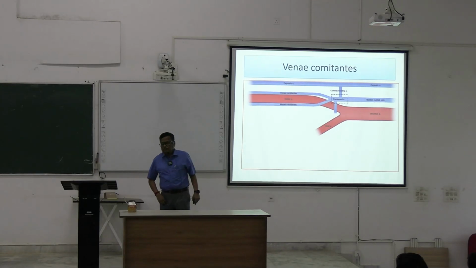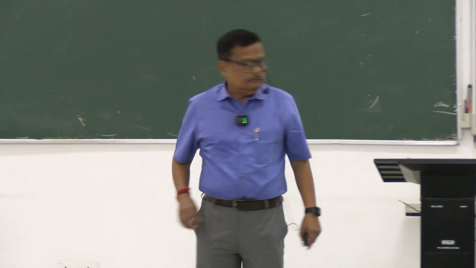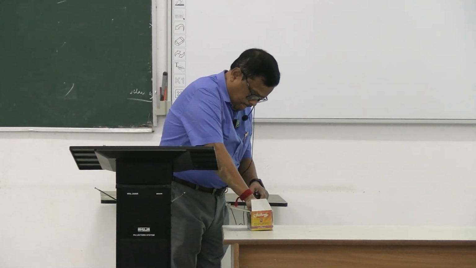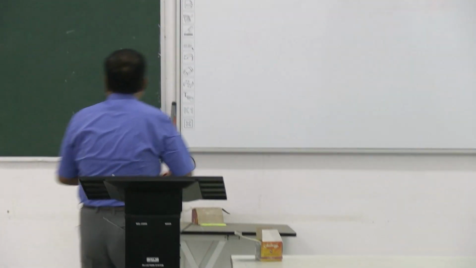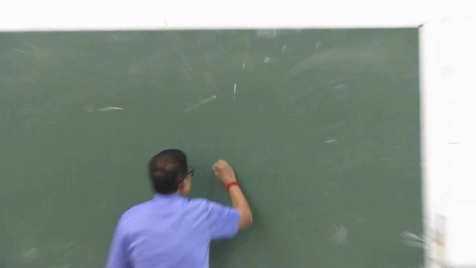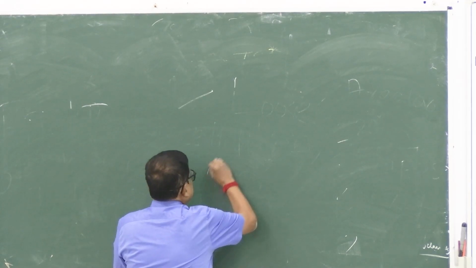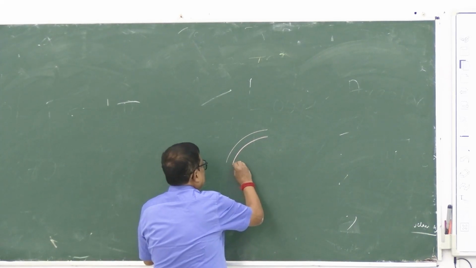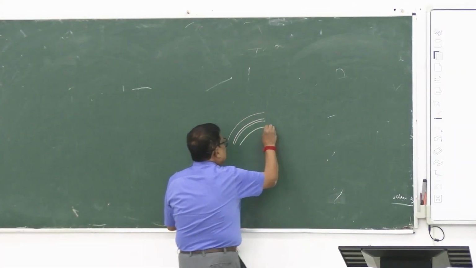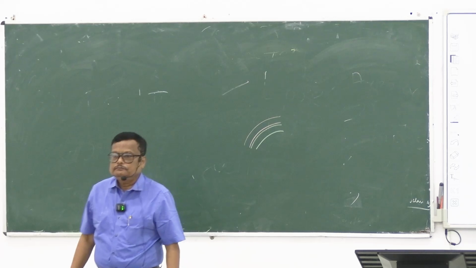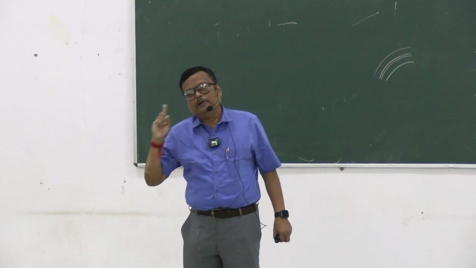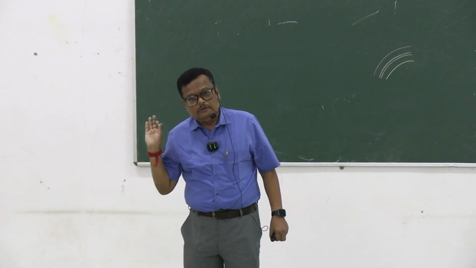In larger veins, for example, the femoral vein, the axillary vein, suppose this is the axillary vein and axillary artery, just accompanying the axillary artery, there is a single axillary vein. It is a femoral artery, one femoral vein by the side of it, normal.